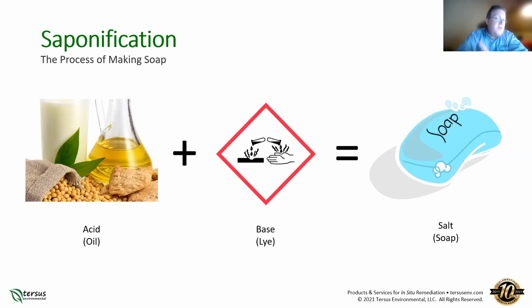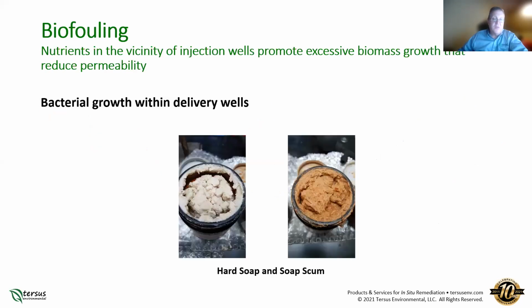And so to make soap, you need an acid or an oil and a base, for example, lye, and that's going to generate a soap or a salt. And so when we add a base to an EVO system that's acidic, we really shouldn't be surprised that we're going to potentially generate some soap scum.